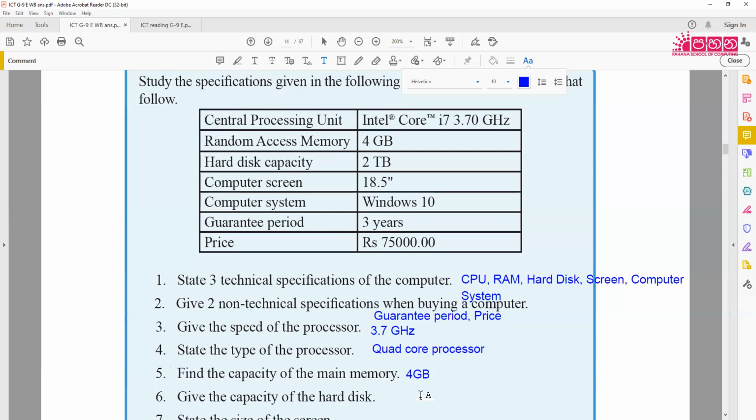Okay, Dhananji, what is the capacity of the hard disk? Yes, it's 2 terabytes. So the hard disk space is 2 terabytes. And you can simply remember this one: usually, hard disk capacity is greater than the main memory. Main memory size is comparatively low compared to hard disk space.